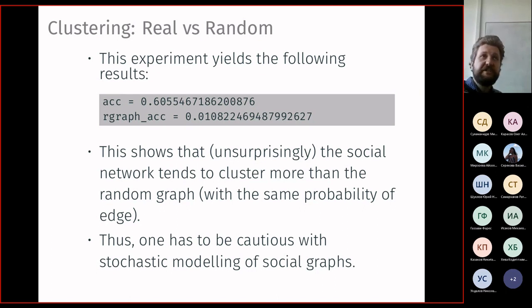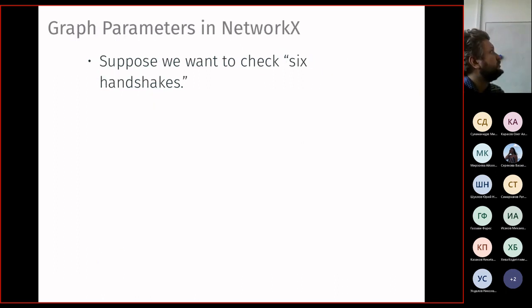But when you try to predict a new parameter, you have no grounds that you won't fail. So this does not mean that you should not use these methods, and statistical modeling of social graphs is quite a big area in social network analysis, but one has to be extremely cautious here. All the results we should double check, otherwise we just obtain predictions which will not happen, and the real network will behave in a different way.